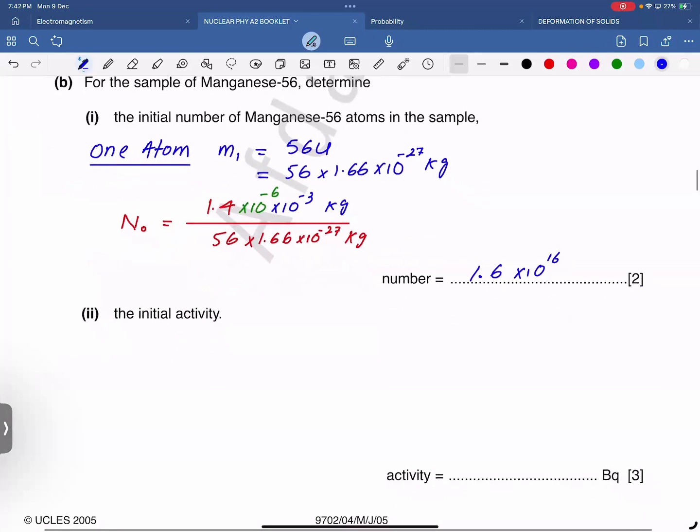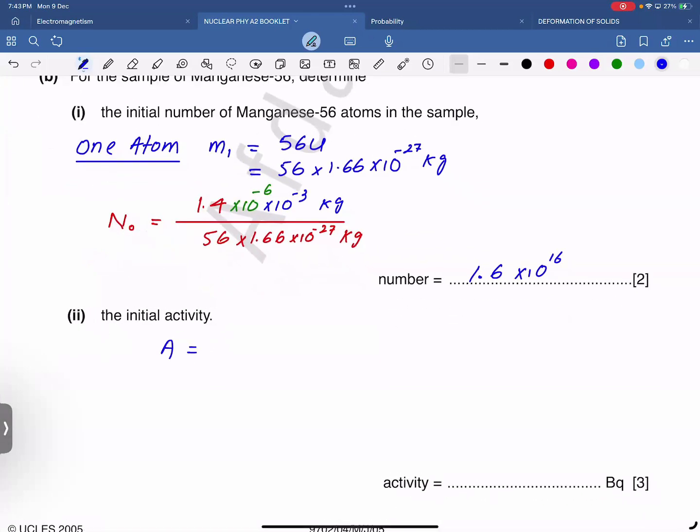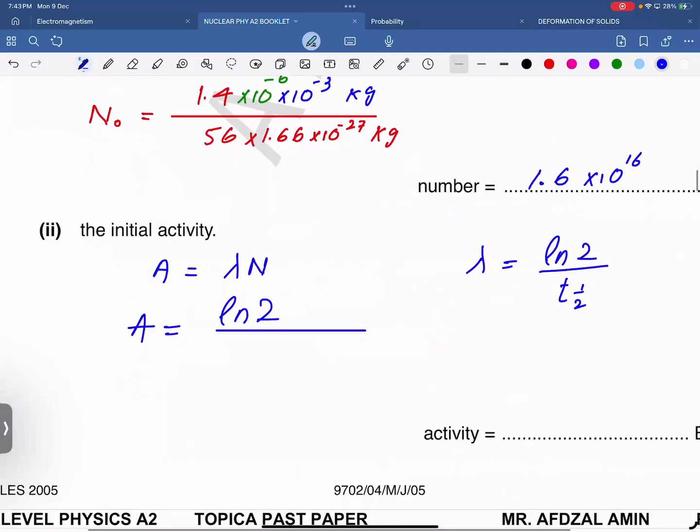Initial activity. Now, activity formula, you know, A equals lambda N. Is this the formula? But we don't have lambda. So lambda is ln 2 over half-life. Now for half-life, becquerel, last time I told you, you should use per seconds. So the half-life is 2.6 hours, which means 2.6 times 3,600.